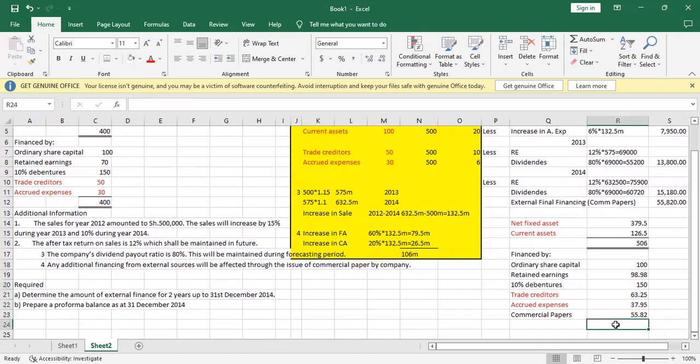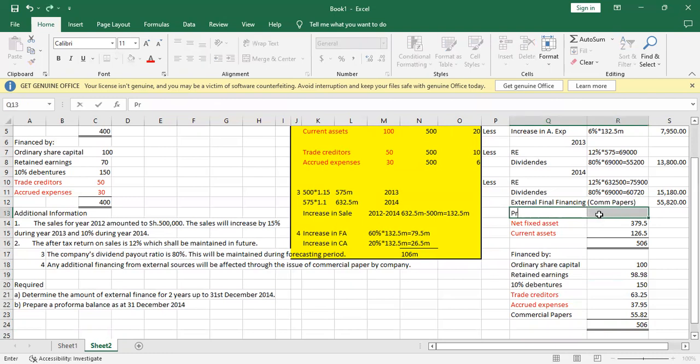As I said, these are just a check because you are working backward. You would expect that it should balance, shouldn't have a problem. That's why we are being asked to prepare the pro forma balance sheet.